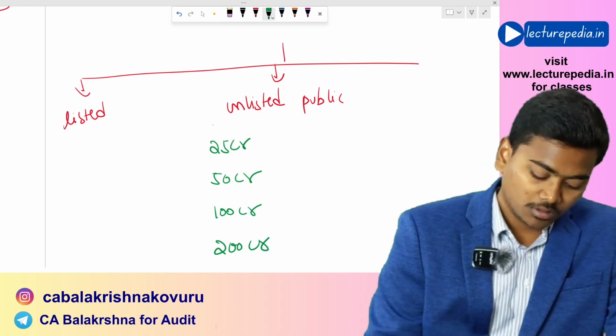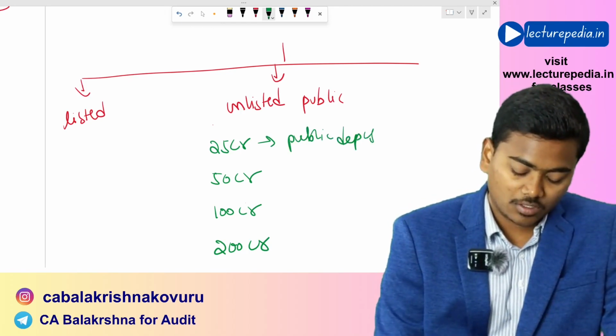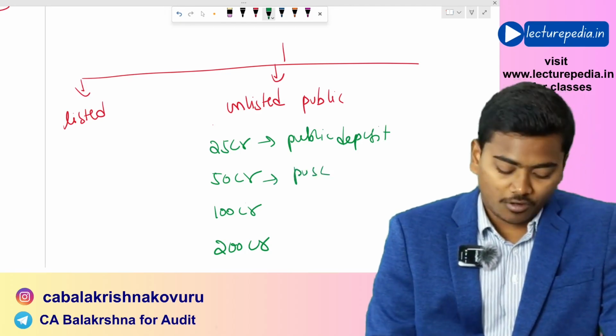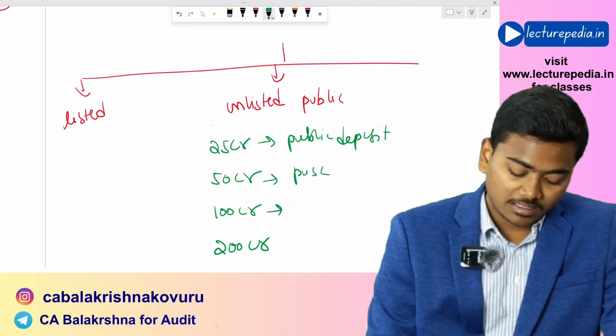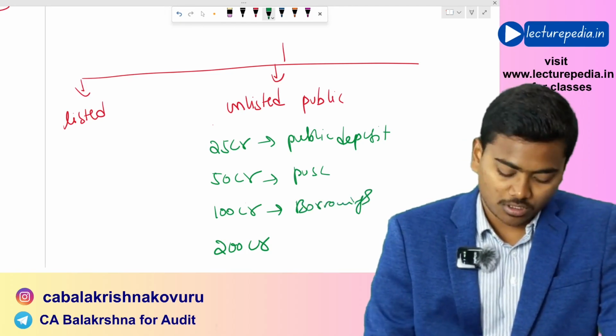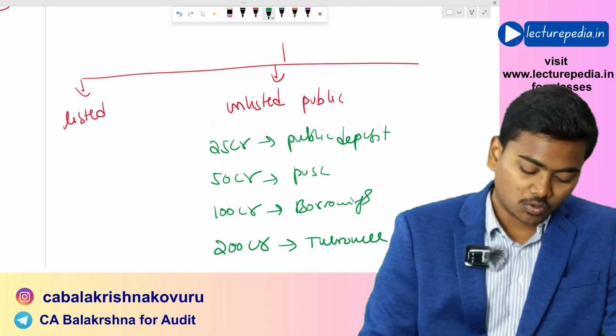Public deposits of 25 crore or more, paid up share capital of 50 crore or more, borrowings from financial institutions of 100 crores or more, and turnover of 200 crores or more.